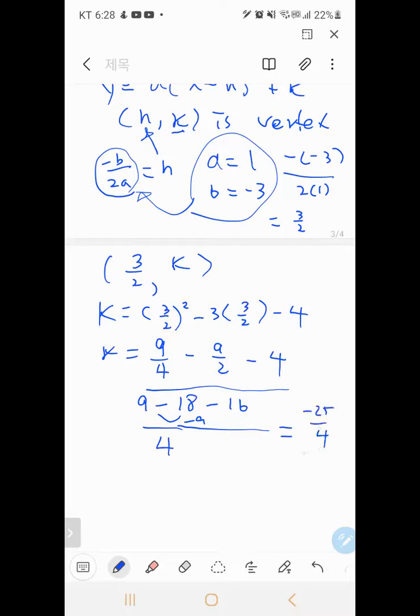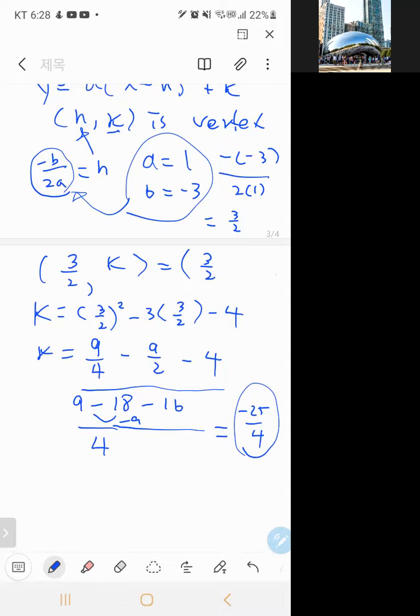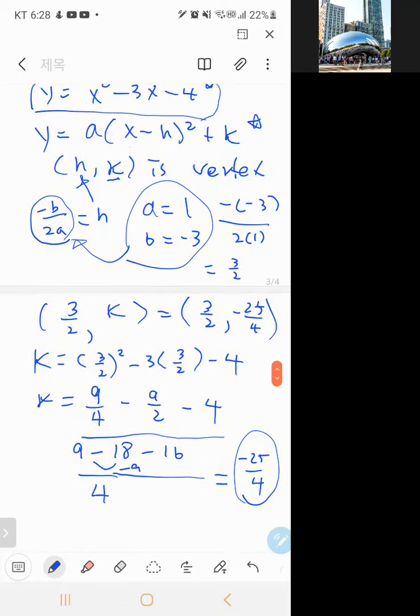And that is our k. So the vertex is 3 over 2, comma, minus 25 over 4. Okay, so we can rewrite the equation in this form.